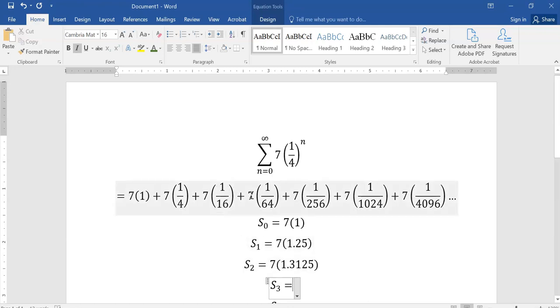If I add in a fourth term, that's like adding 1/64th to this 1.3125 number. So let's take that and add 1/64th to it. What you end up with is obviously 7 times 1.328125.